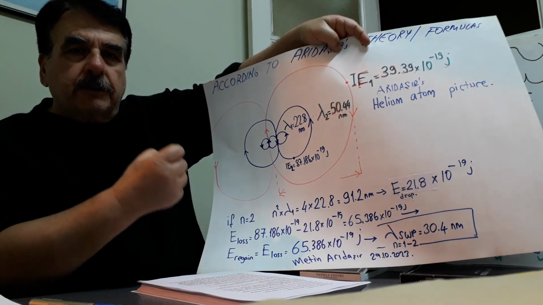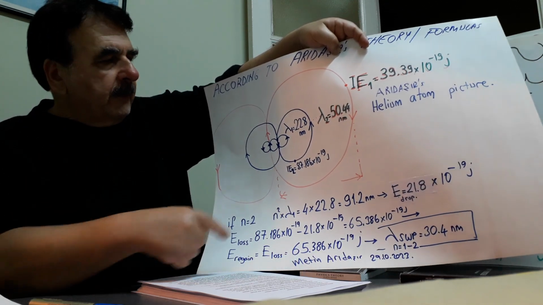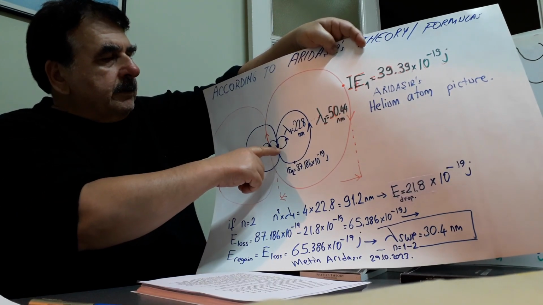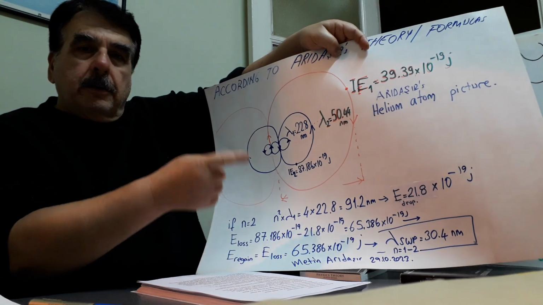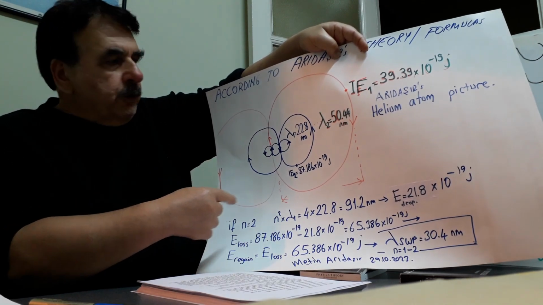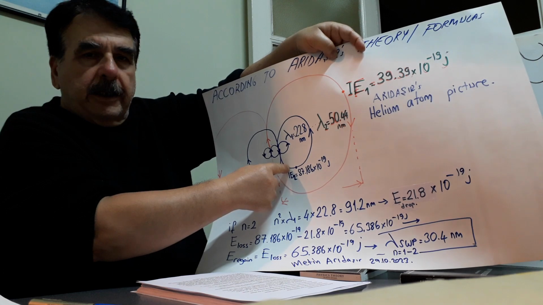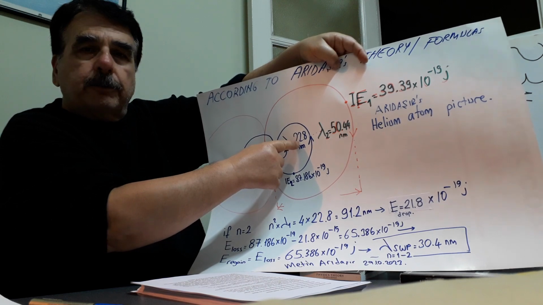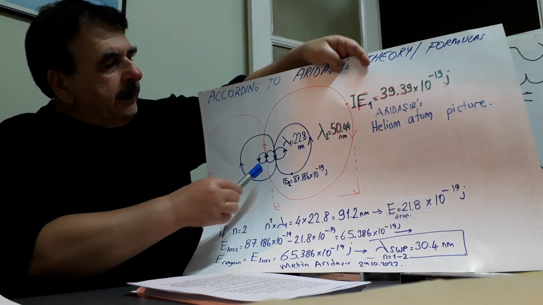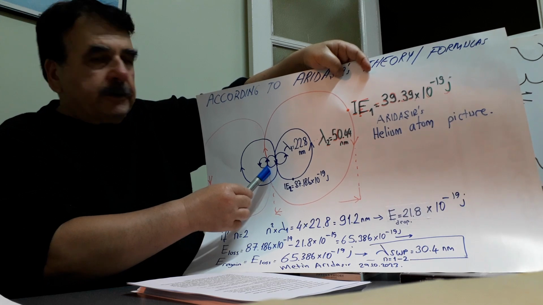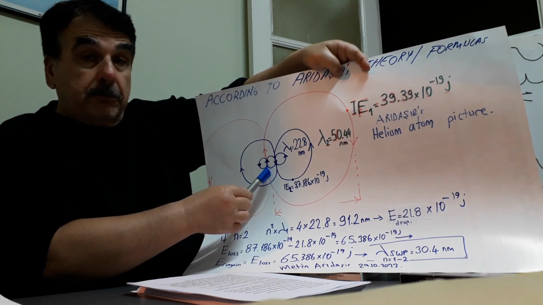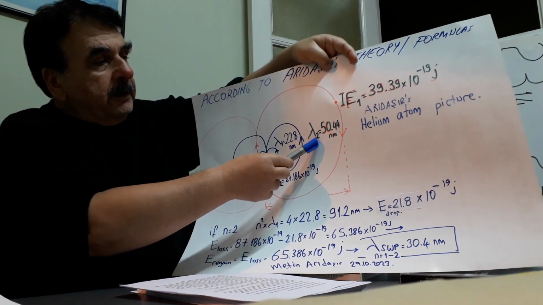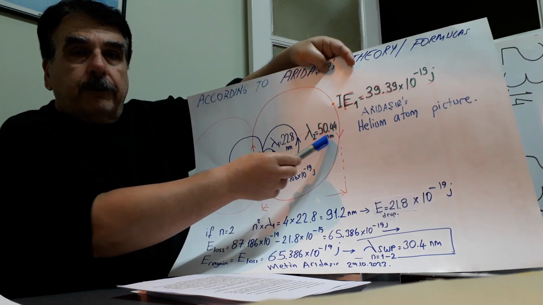They make joint motion, then one proton makes joint motion with an electron motion form. This is the smallest. Lambda 1 is equal to 22.8 nanometer, and the second proton connected made joint motion with the greater electron motion form. Lambda 2 is 50.44 nanometer.